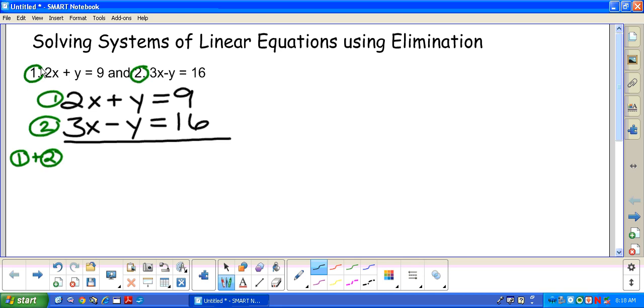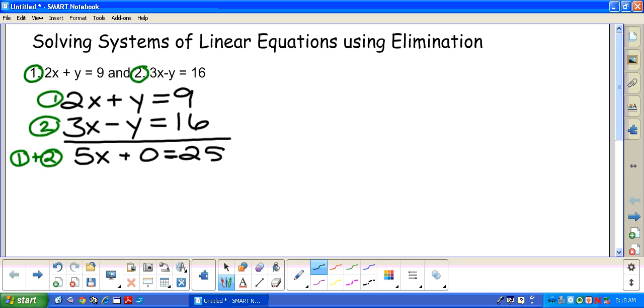I do 2x plus 3x is going to be 5x, plus y minus y is 0, and 9 plus 16 is 25. And notice that I've just moved the equal sign down to become part of the next equation.